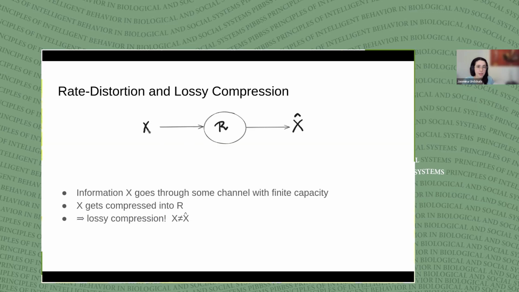Okay, so what happens is that we compress our information into R. And what that leads to is that if we, for example, would want to reconstruct the original information from which we started out by only using the lossy representation R, then we would get this X hat, and our X hat would not be equal to the original X. So we lost some information along the way.